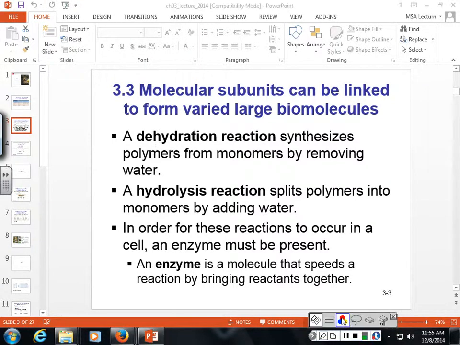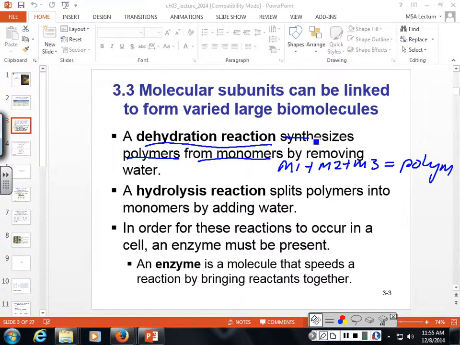The dehydration reaction, if I want to make polymers from monomers, means M1 plus M2 plus M3 will give me a polymer. Synthesize means make, right? So if I want to take monomers and put them together to make a polymer, that's called a dehydration reaction.